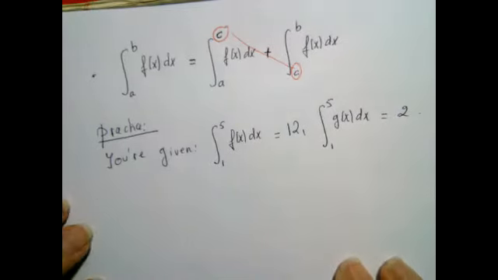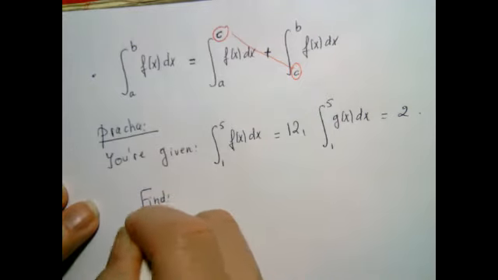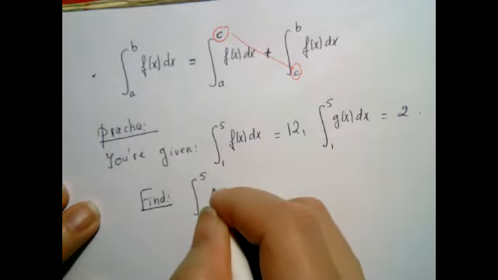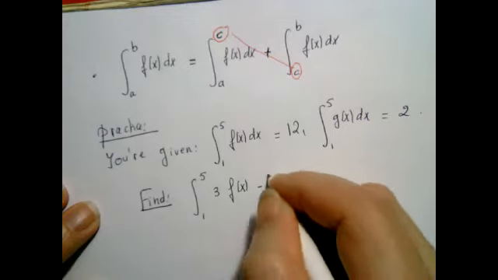I have two functions, and the question is, find the integral from 1 to 5 of 3 f of x minus 4 g of x.